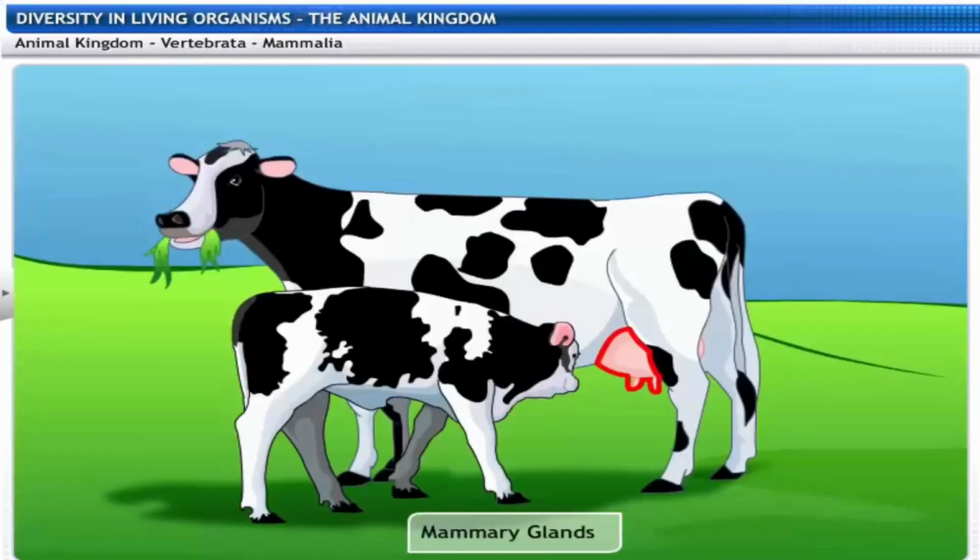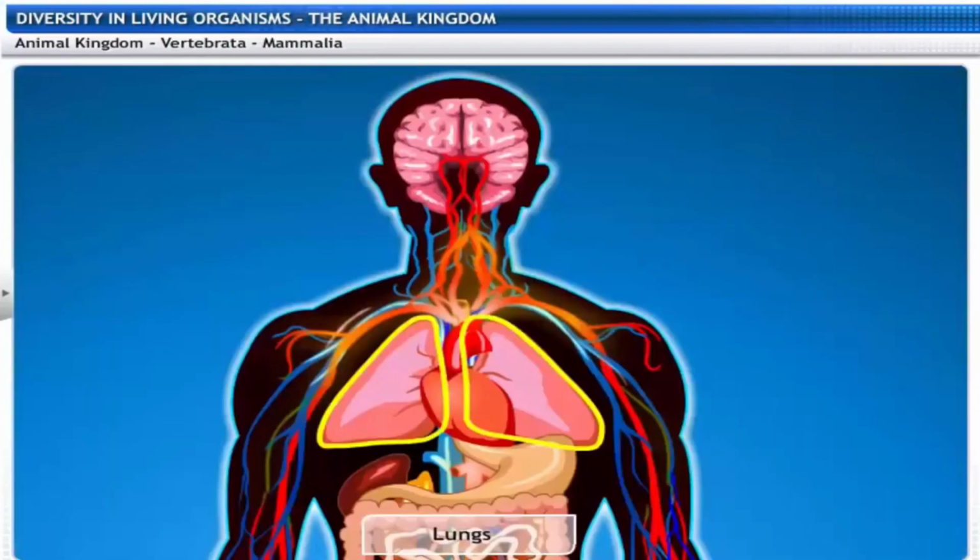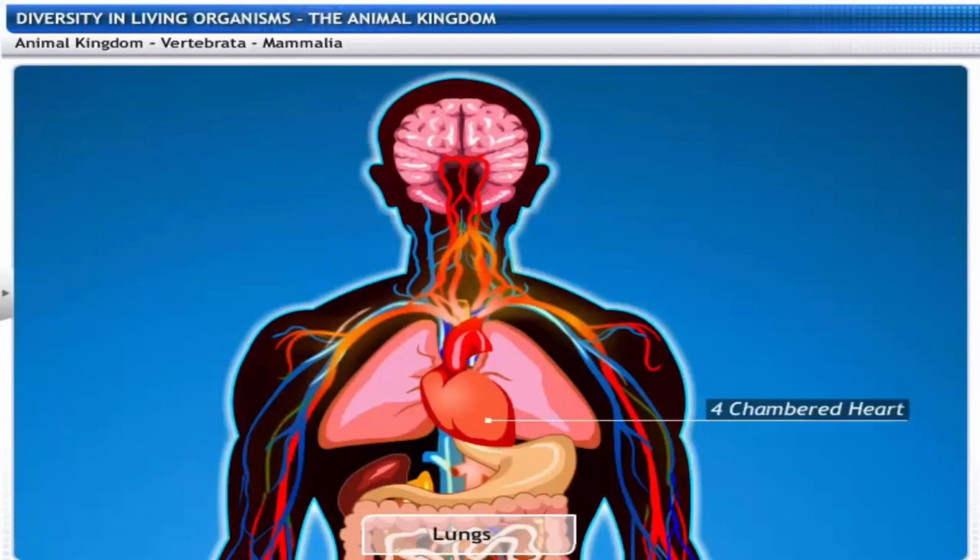Mammals have milk-producing glands called mammary glands to nourish their young ones. Mammals breathe through their lungs, and their hearts are 4-chambered. Mammals give birth to young ones through different modes.